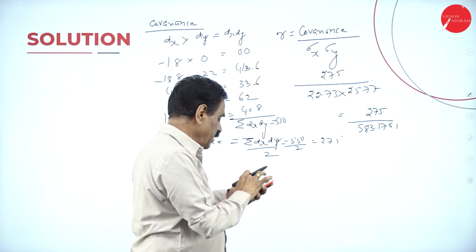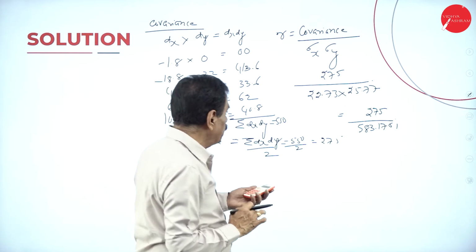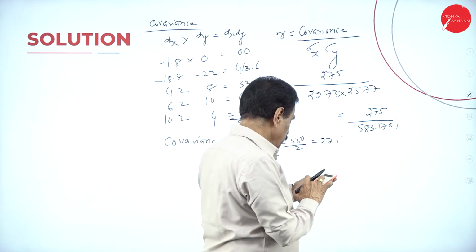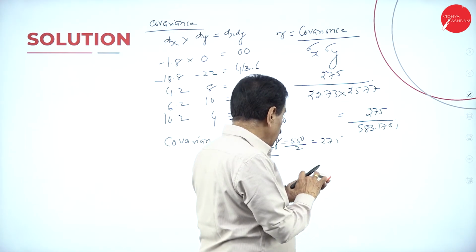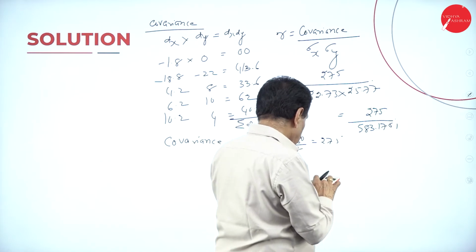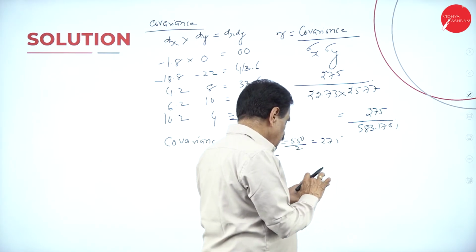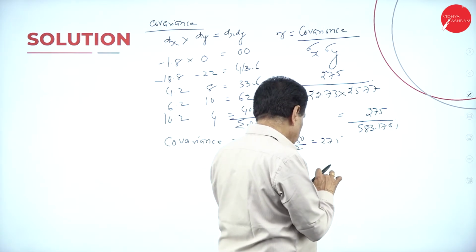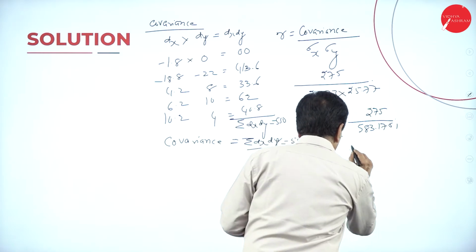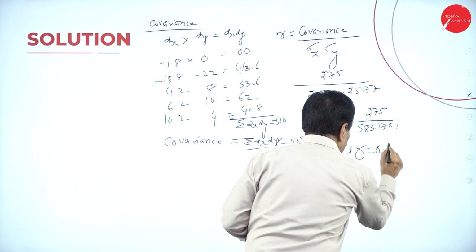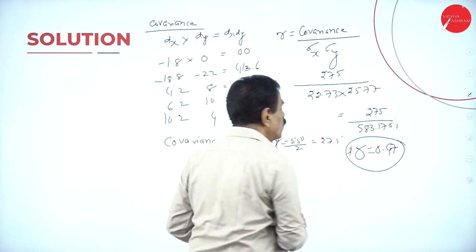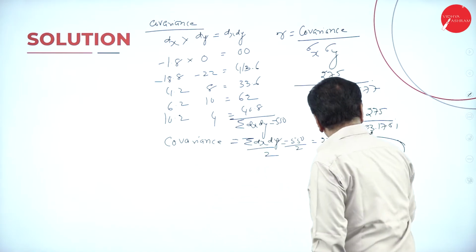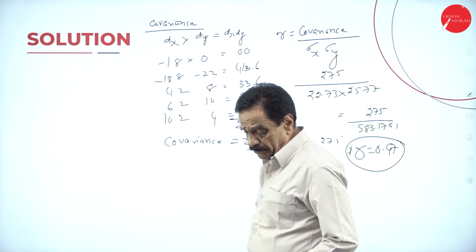Then 275 divided by 583.17 is 0.47. R is equal to 0.47. So R should always be less than 1. So we have found out covariance, and we found out the correlation.